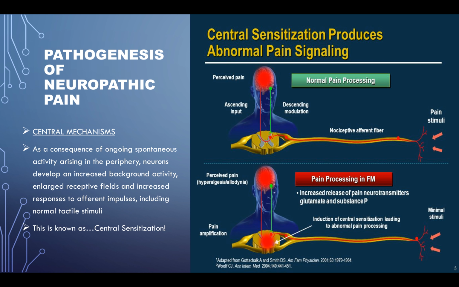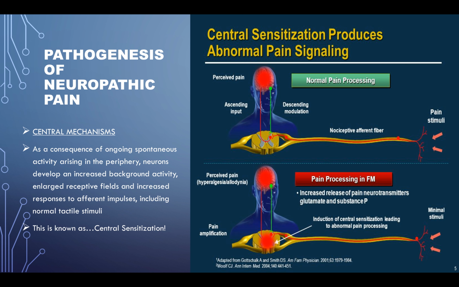So in normal pain processing, you get a painful stimulus, it goes up to the brain, you get all that good painful input that your brain perceives as pain, and then it sends some descending pain inhibitory pathways down. But if there is increased sensitization in the central pathways in the spinal cord, the nerve roots, and also the brain, that minimal stimulation is going to create an induction of central sensitization, which leads to abnormal pain processing.